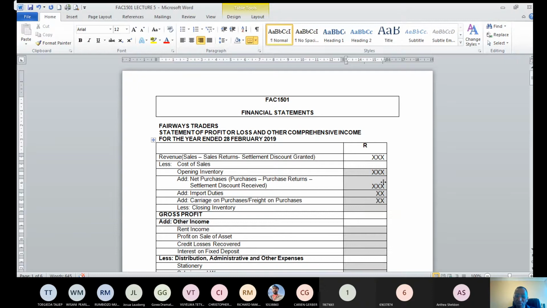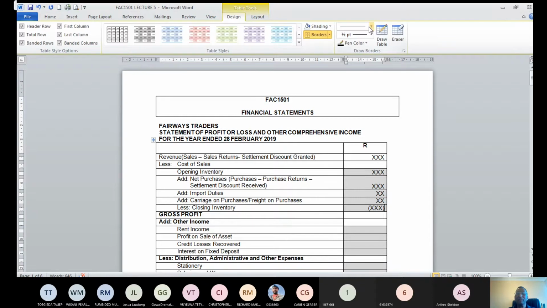All of those costs will be added onto your cost of sales amount. And then finally, we will subtract our closing inventory. And closing inventory is the value of your closing inventory at the end of the financial year.